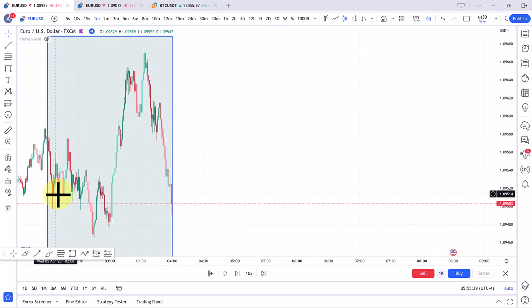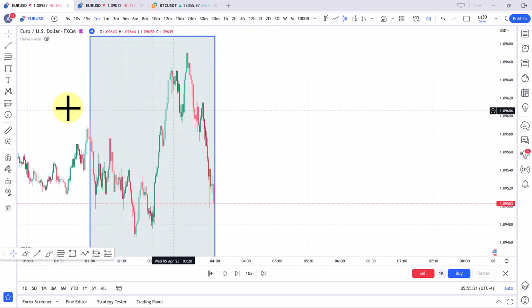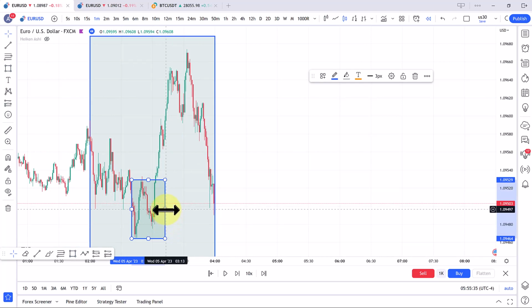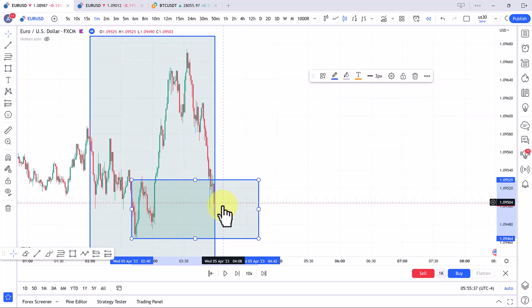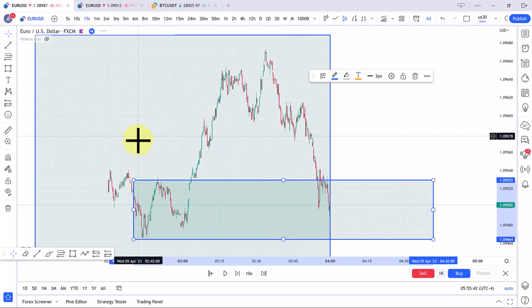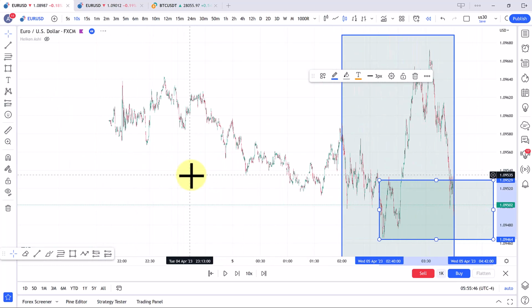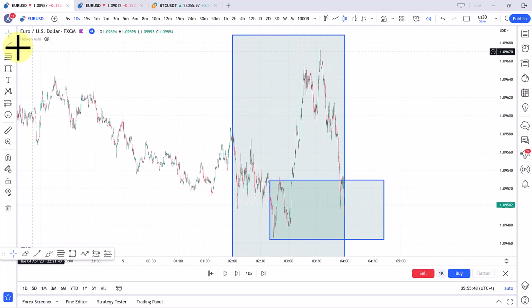I see a very strong move to the upside, and I'm going to say that I can use this point if a reversal happens. Or if I go to 15 seconds, what do you see here? 10 seconds, what do you see here? You can see that it's a reversal.